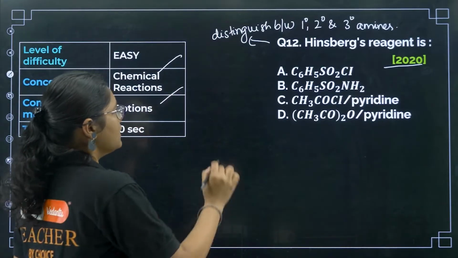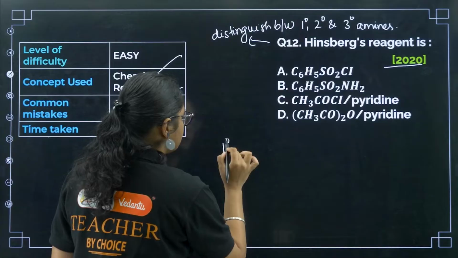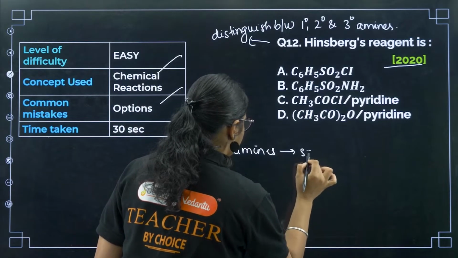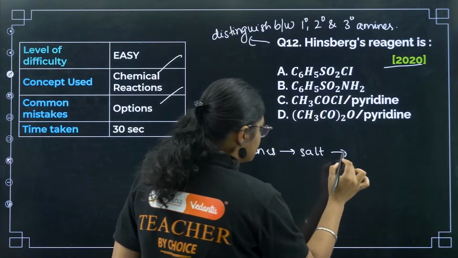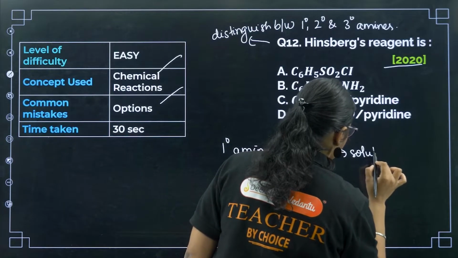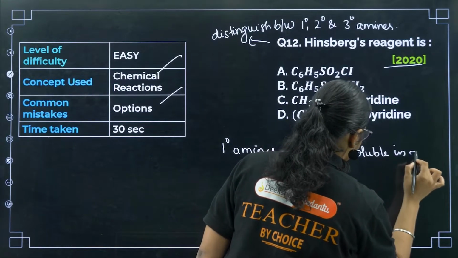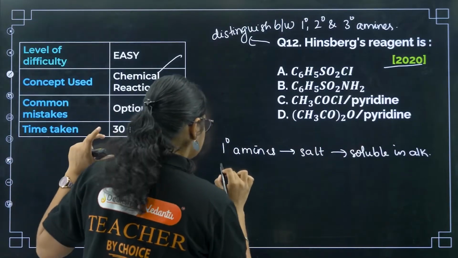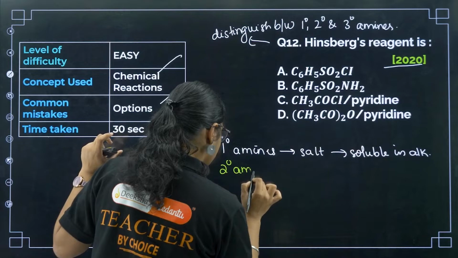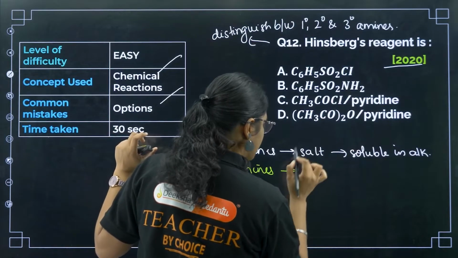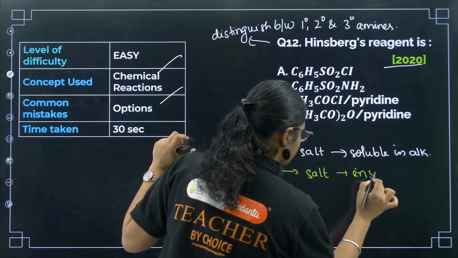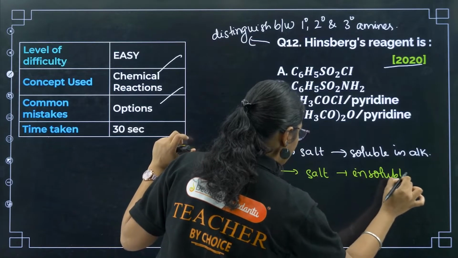So if you remember, primary amines give us salt which is soluble in alkali, right? Now secondary amines, after reacting with Hinsberg reagent, give us salt which is insoluble in alkali.